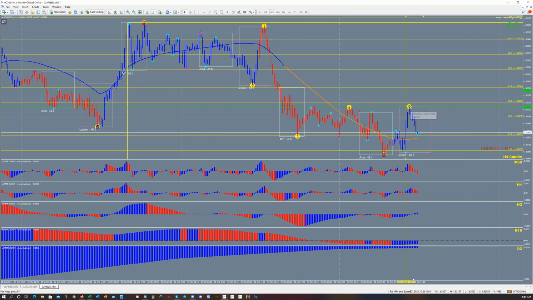I'm actually anticipating this 3 ball to be taken out because of this H10 and H3 still being blue. This Formula 1 ball here could be a good thing to give me a long trade.